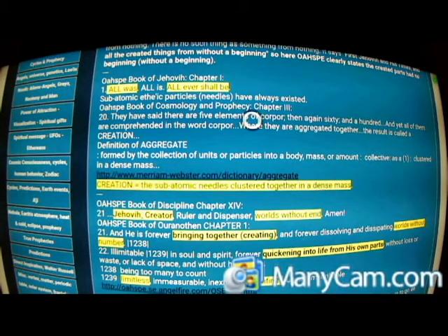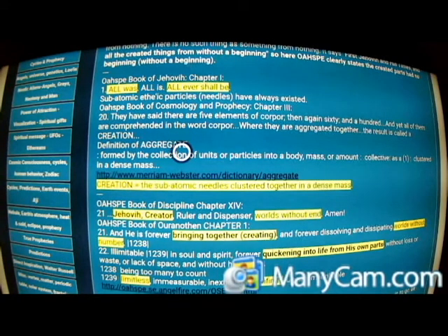They have said there are 5 elements of corpor. I've read this before, but I'll read it again because it's in context with what I'm getting ready to talk about. They have said there are 5 elements of corpor, and then again 60 and 100. And yet all of them are comprehended in the word corpor. Where they are aggregated together, the result is called a creation.